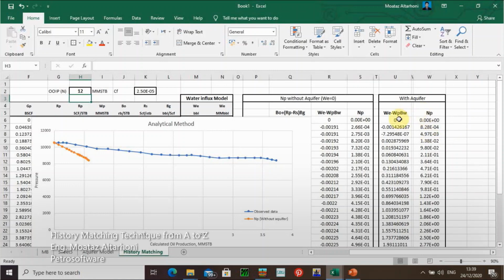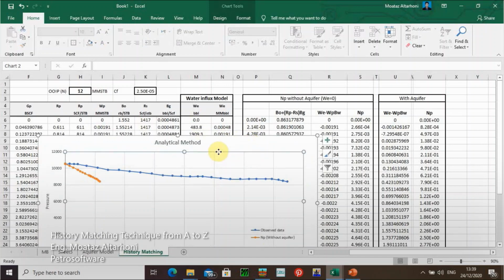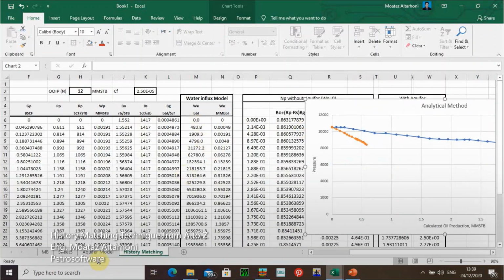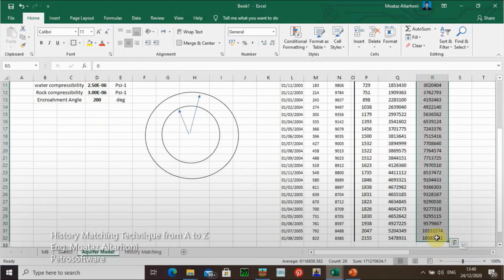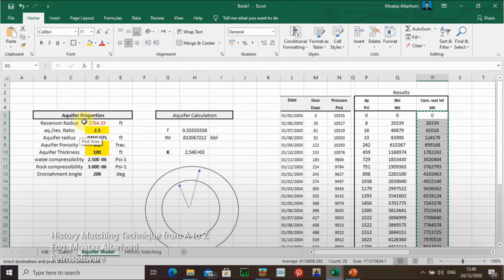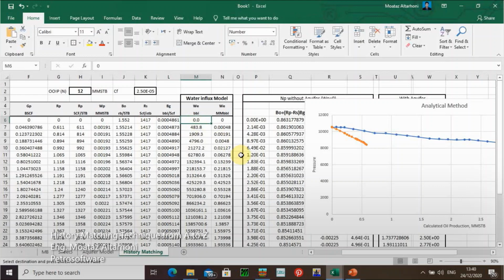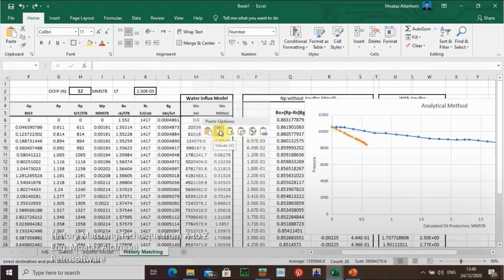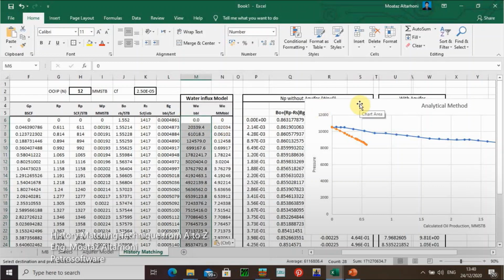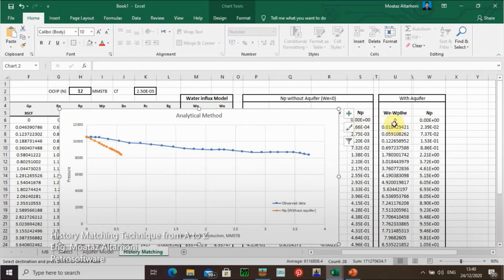So I get the cumulative water. Here I have the water model. Maybe I can use the same for cumulative oil. I will copy these values. I get this data from my case here. I will put them here. Then I convert it to million because I need them here in million.